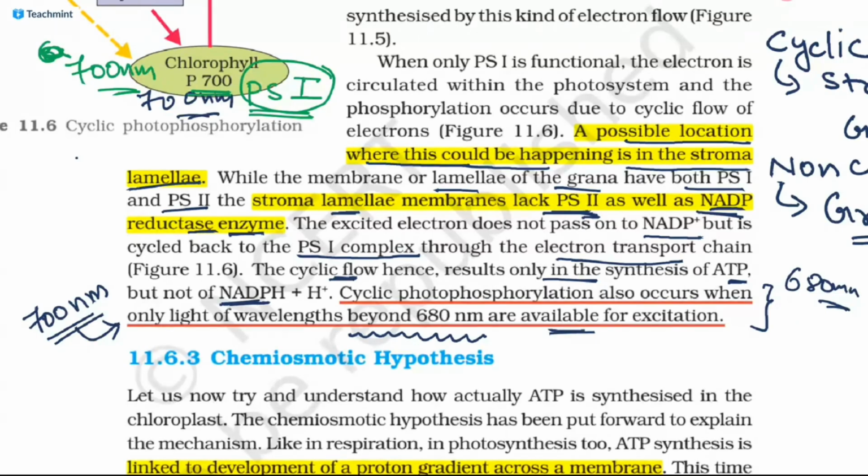If 680 is present, then who will be favored? Non-cyclic. So remember this point very clearly. If 680 is present, even if 700 is present, who will be favored? Non-cyclic. If 680 is absent and only 700 is present, then who will be favored? Cyclic. So this is what you have to keep in mind.